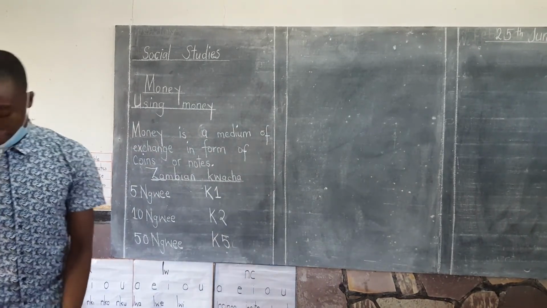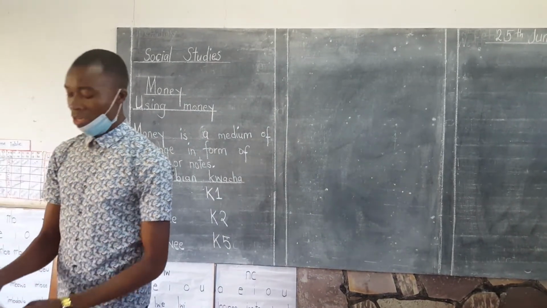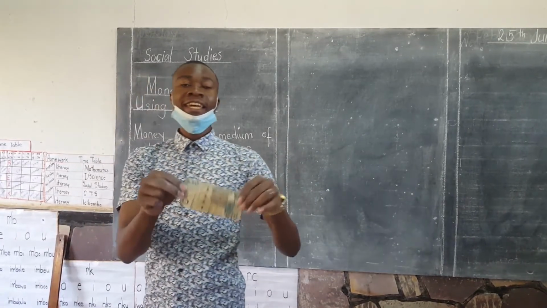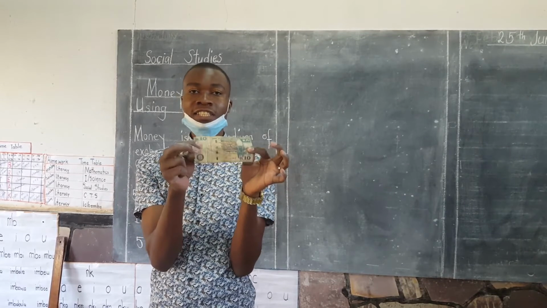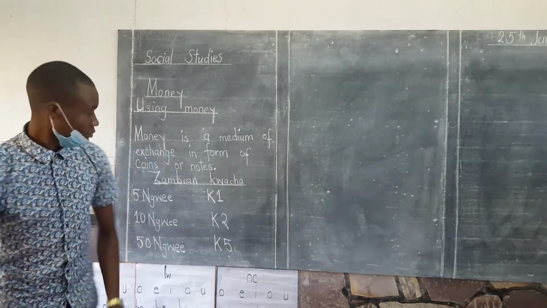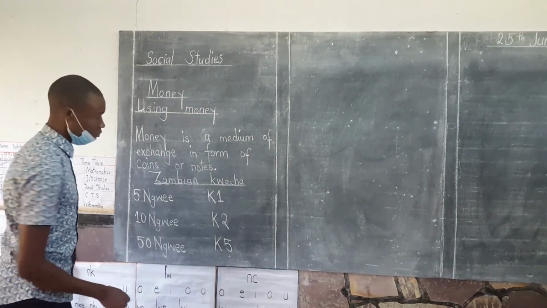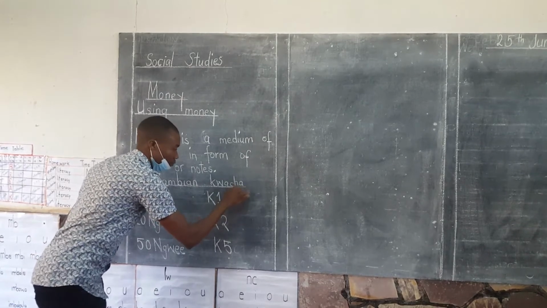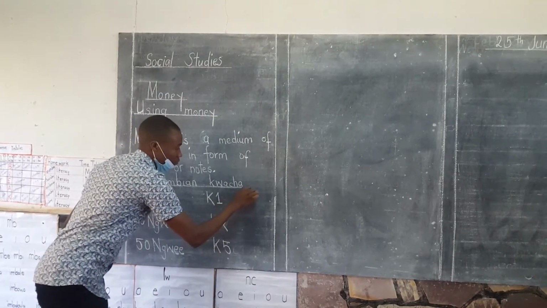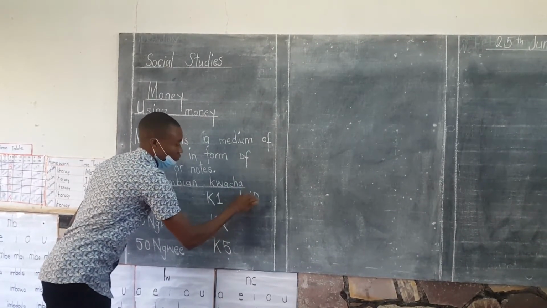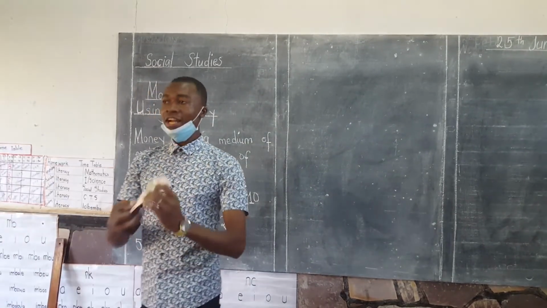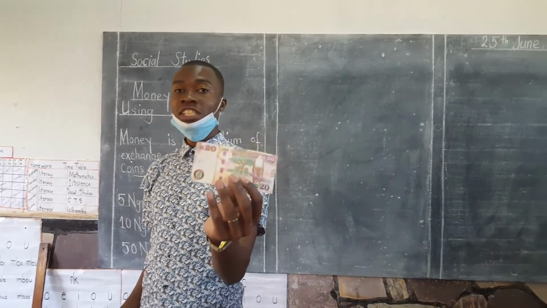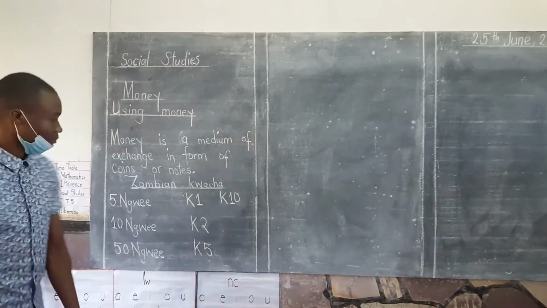Then from a 5 kwacha, we have a 10 kwacha. Then from a 10 kwacha, we have a 20 kwacha.